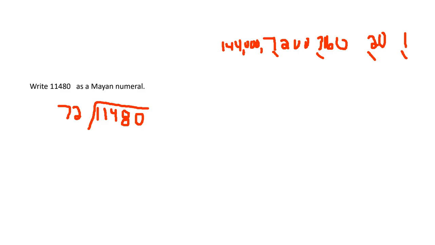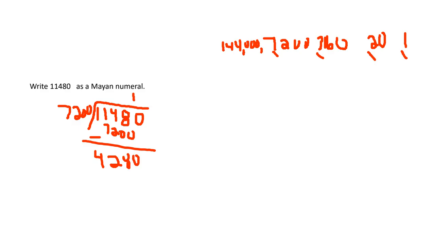So 1 time here. Okay, so we have 11,480 minus 7,200 is 4,280. And we continue our process.